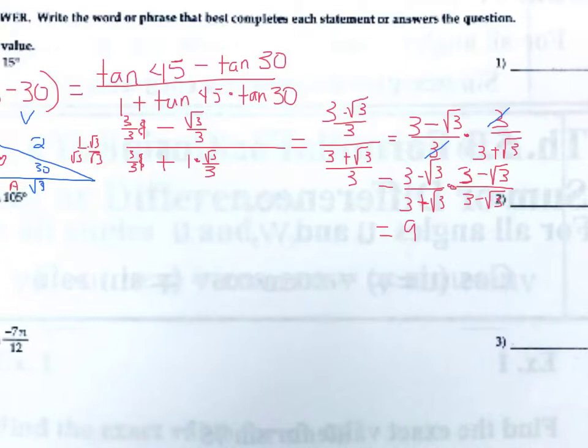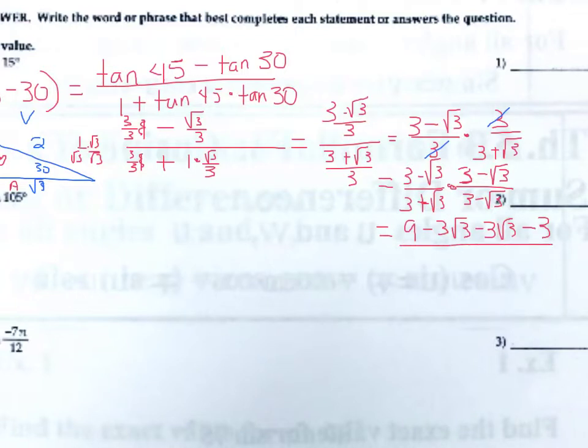That is 9. 3 times negative square root of 3 is negative 3 square root of 3. Then negative square root of 3 times 3 is negative 3 square root of 3, and negative square root of 3 times negative square root of 3 is the square root of 9, which is just 3. So it's minus 3.